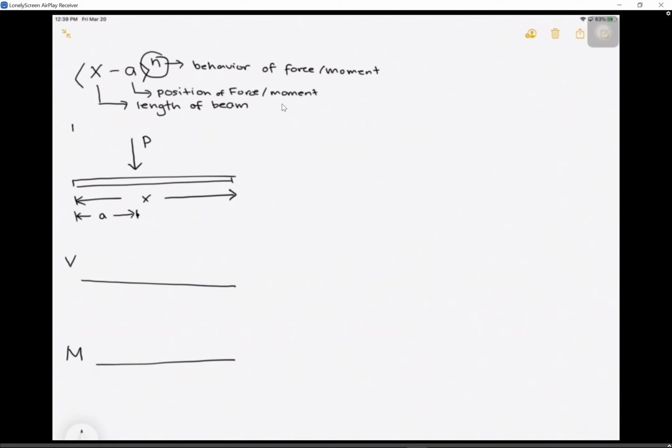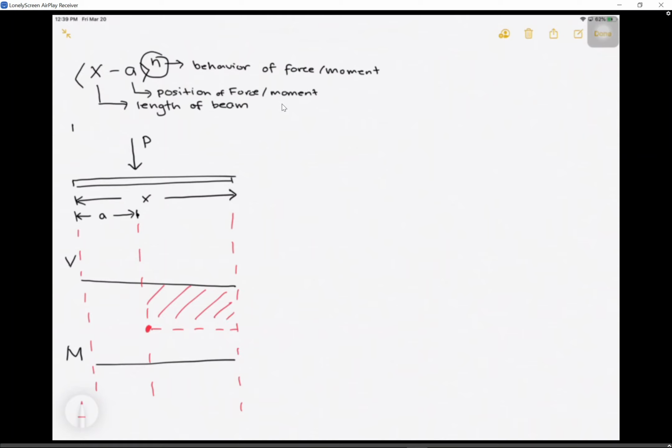I'm just going to change the color of my pen to red. Now let's draw our shear and moment diagram. Note that this beam is not really in equilibrium. From P, we have a negative value right here, and this is going to be your shear.